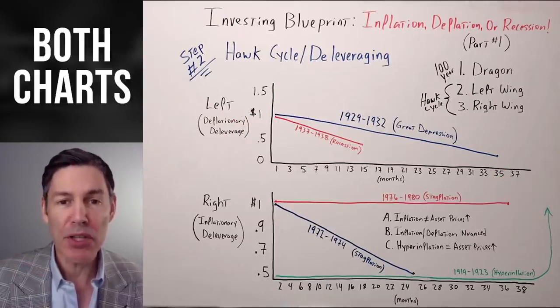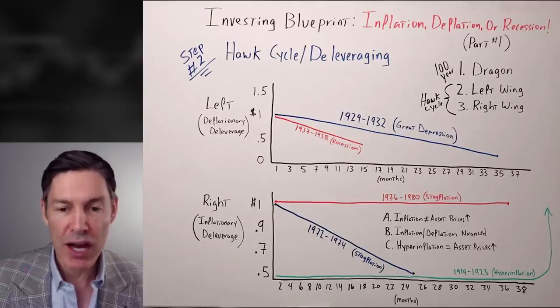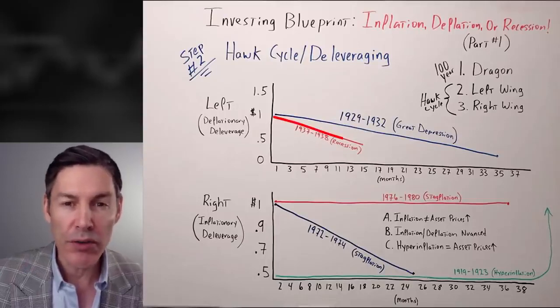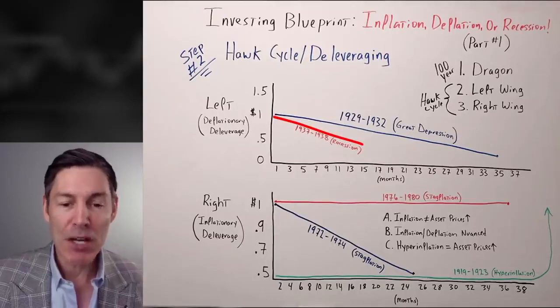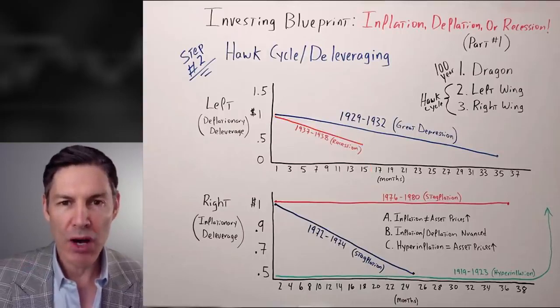Keep in mind, both these charts are in nominal terms. Nominal numbers, they are not adjusted for inflation. From 1937 to 1938, you would have lost almost the same amount, but in a much shorter time frame, only about 15 months.